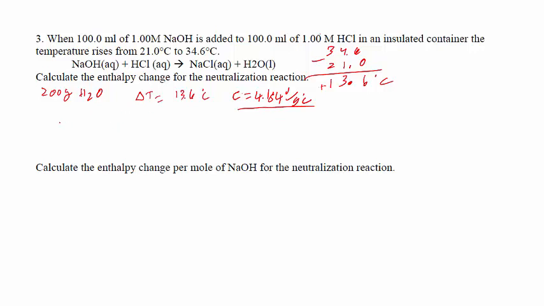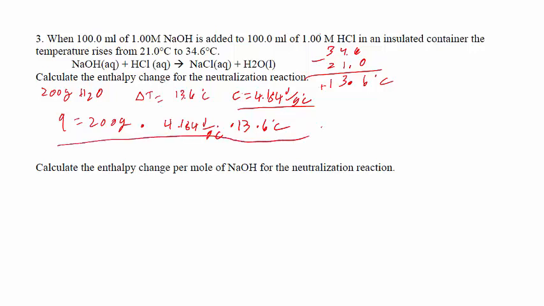So when we put everything together, what we want is Q equals 200 grams, that's mass, times 4.184 joule per gram degree Celsius times 13.6 degrees Celsius equals 11,380.